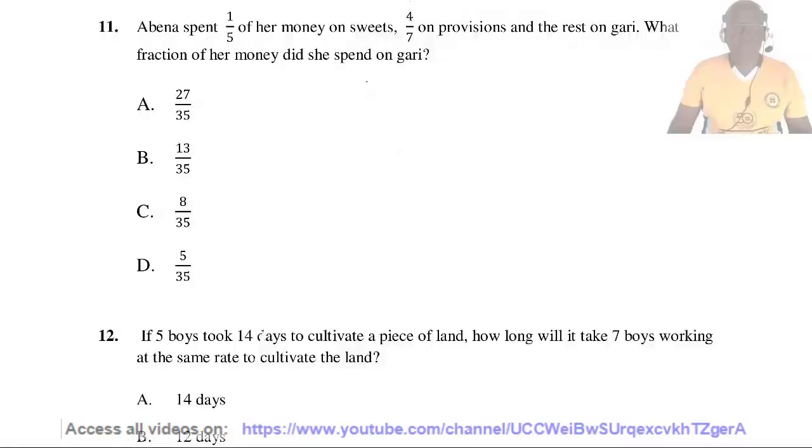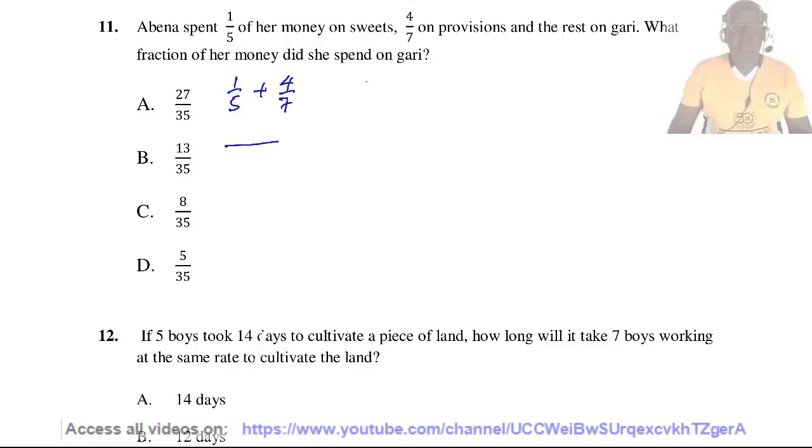Question 11. Abraham spent 1/5 of her money on sweets, 4 over 7 on provisions, and the rest on Gary. What fraction of her money did he spend on Gary? Now, the total spent on sweets and provisions equals 1 over 5 plus 4 over 7.